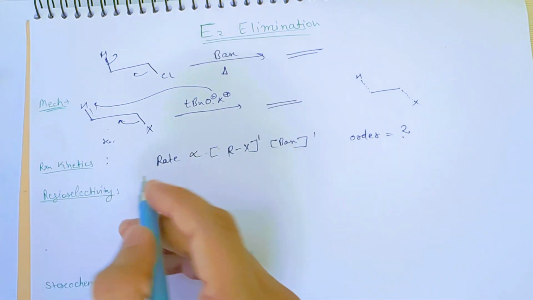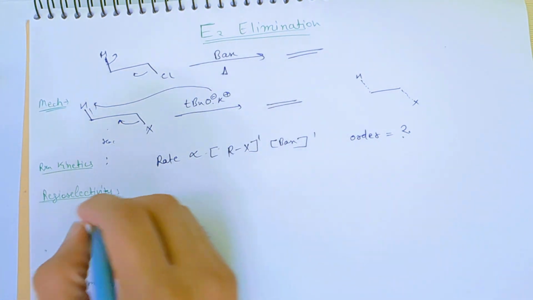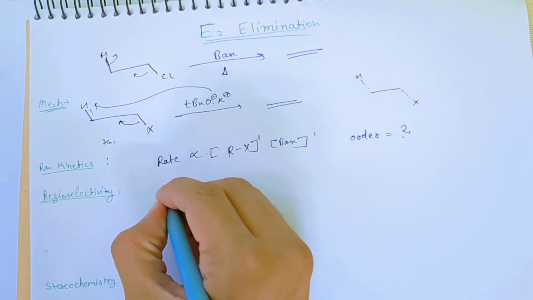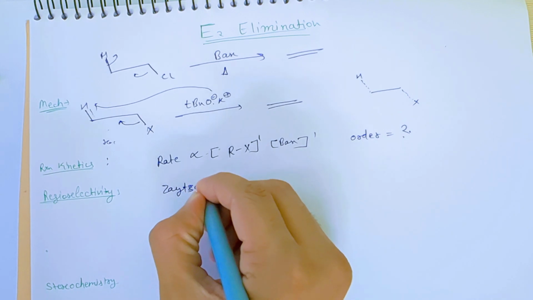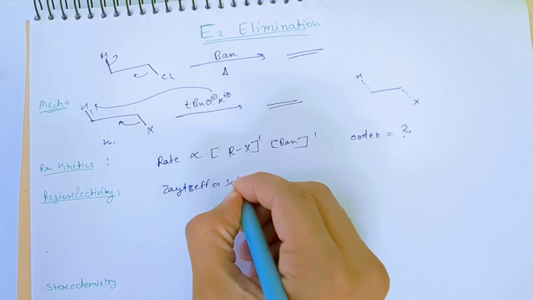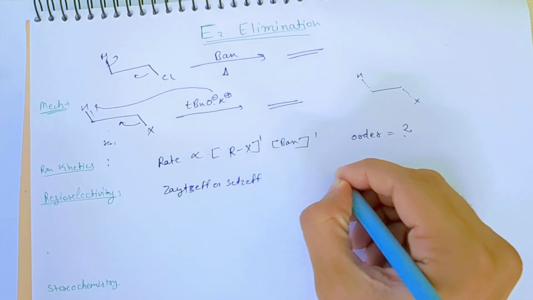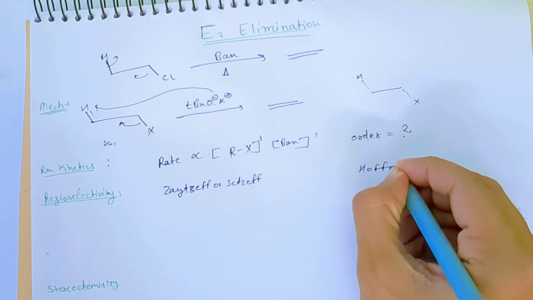Okay, now let's come to the regioselectivity, like when it will give Zaitsev product and when it will give Hofmann product. Let's see.